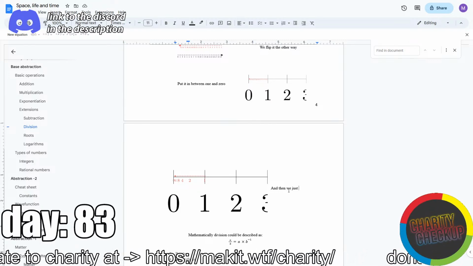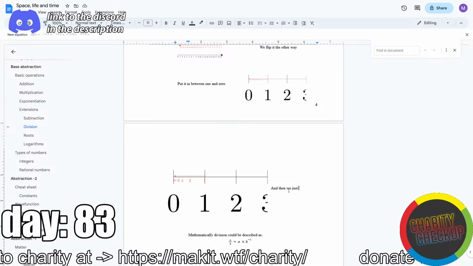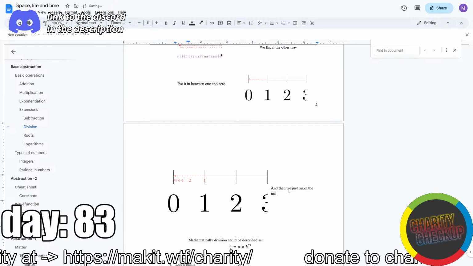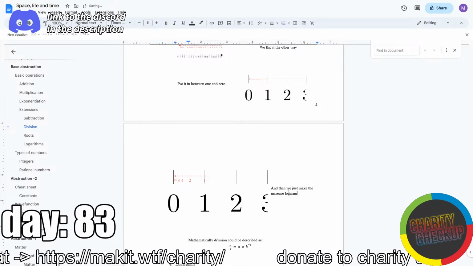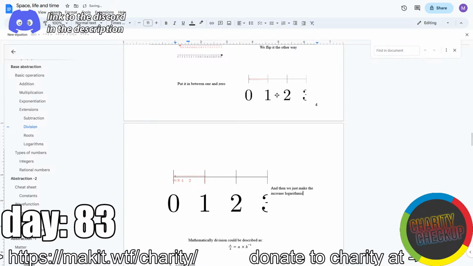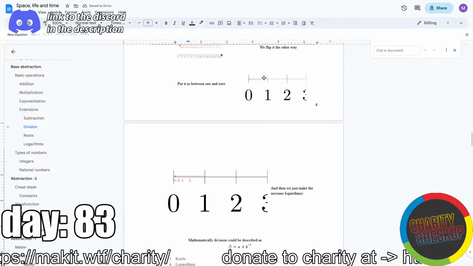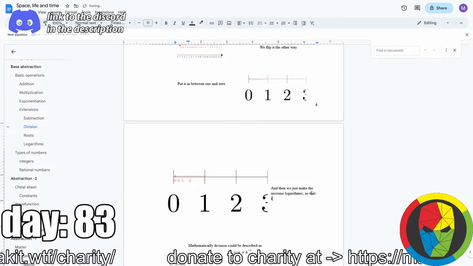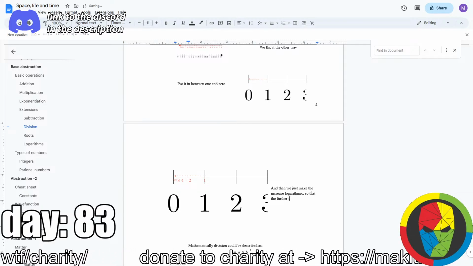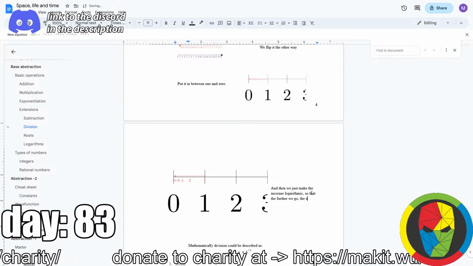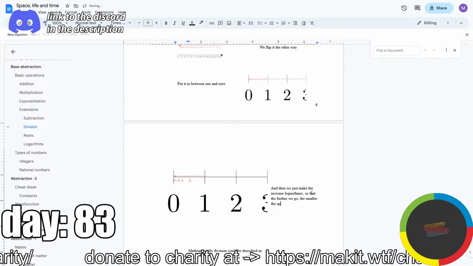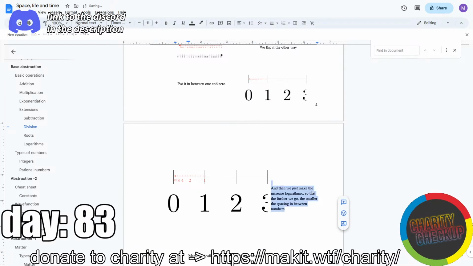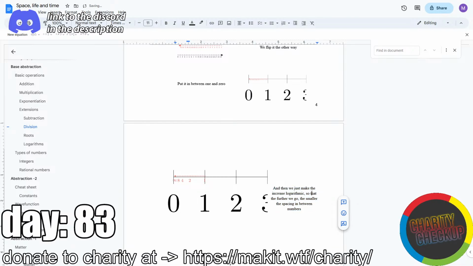It's just from 1 to 0. Make the increase logarithmic. Yeah, this one is wrong. They should be just infinitely small, so the smaller the spacing in between numbers. Yes, there we go.